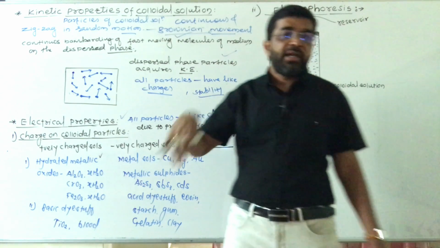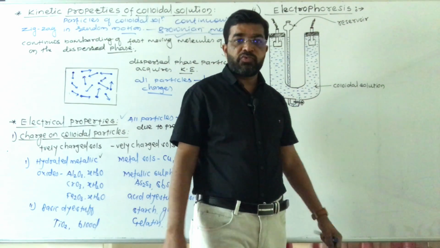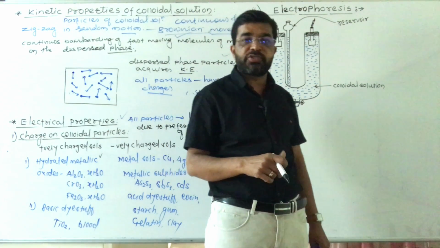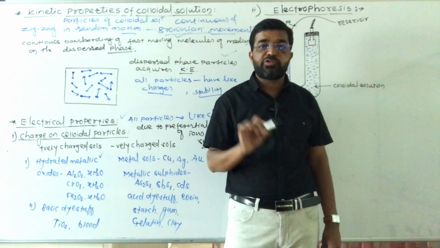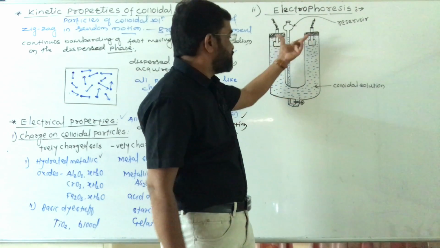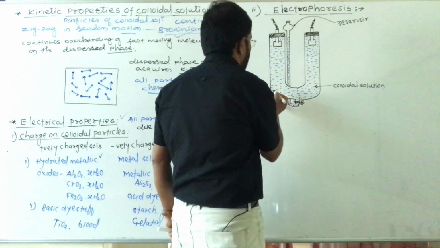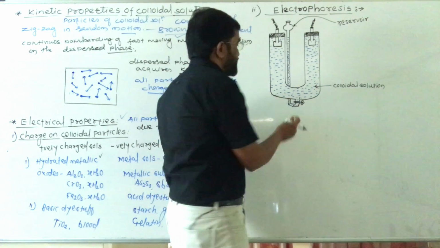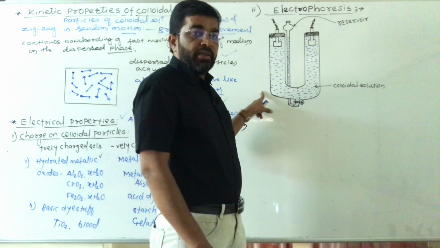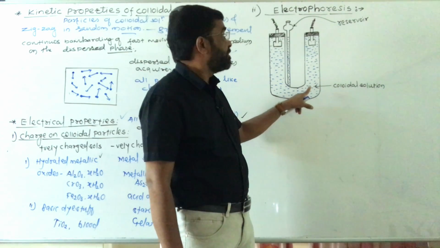Now see the next property, it is nothing but electrophoresis. So what is electrophoresis? This experiment also we have to study. For electrophoresis we have to take a U-shaped glass tube. In this U-shaped glass tube colloidal solution is taken.